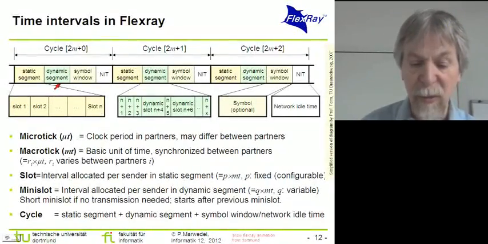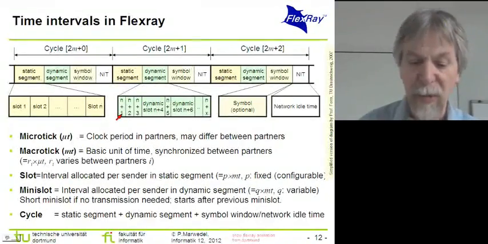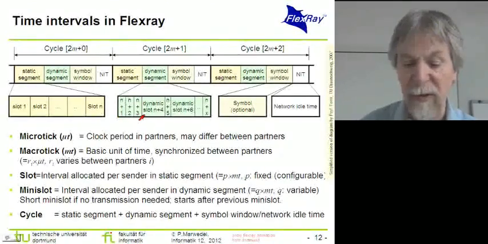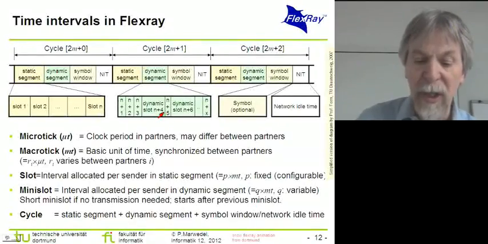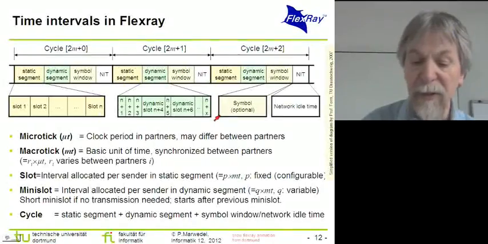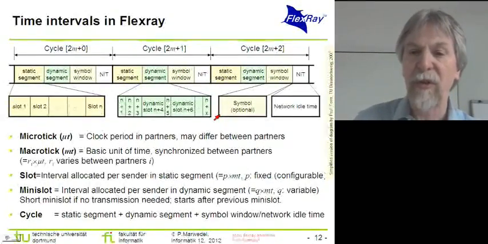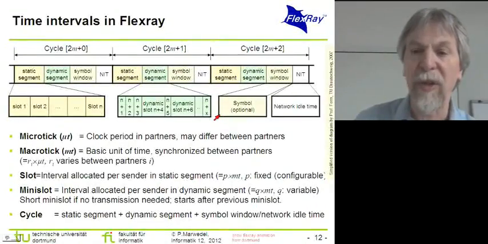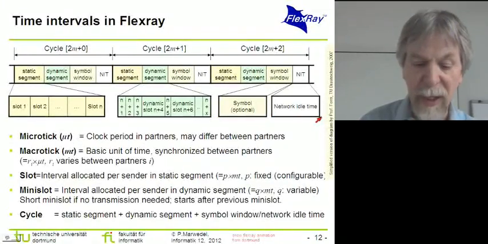And then in addition we have the dynamic segment, and in the dynamic segment we have these short intervals of time during which these partners can raise their hand, and there are some cases in this example where a particular partner is actually communicating something. Then there is an optional so-called symbol interval during which we can communicate a particular symbol to check whether or not the whole system is still working. And finally, there is some network idle time.